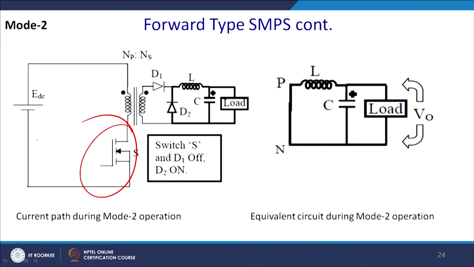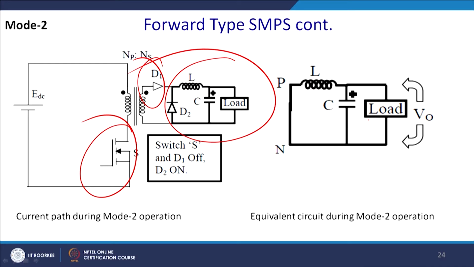And next comes the second mode, when this switch is off and thus D1 is off. Ultimately this portion of the circuit plays a role, and we assume that this D2 is ideal, that it can be shorted. So, you get this part of the circuit constituted, feeding the load.